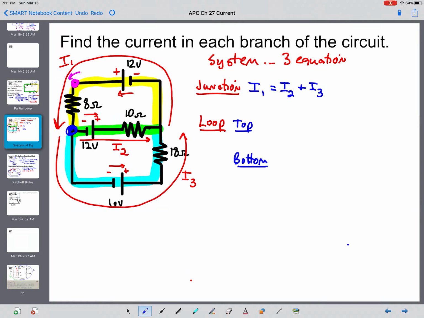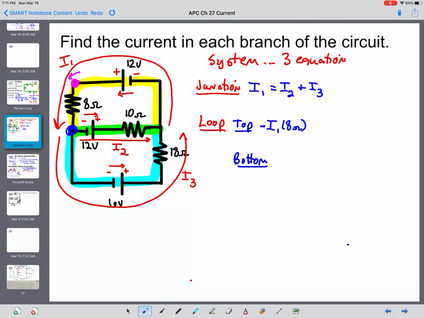The first thing I run into is the 8 ohm resistor. The voltage would be I times R, which would be I1 times 8 ohms. Looking in the direction that we're going around the loop, we are in the direction of I1. Current flows from high to low, so this would be a negative.